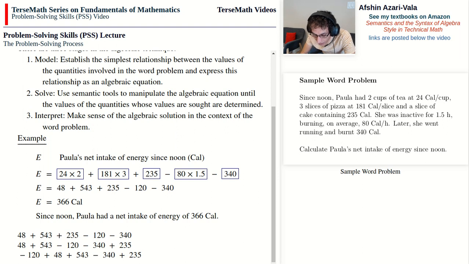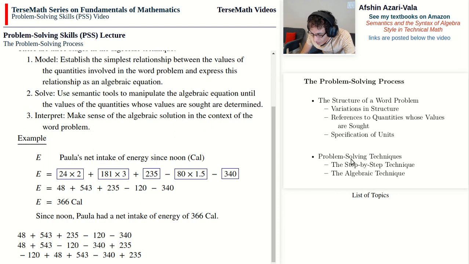Okay, so now let me go back to our list of topics. We have covered the two problem-solving techniques, the step-by-step technique and the algebraic technique. In this series, I will be focusing on the algebraic technique, and I will only talk about the step-by-step technique just to illustrate certain points. But by and large, I will not use it.